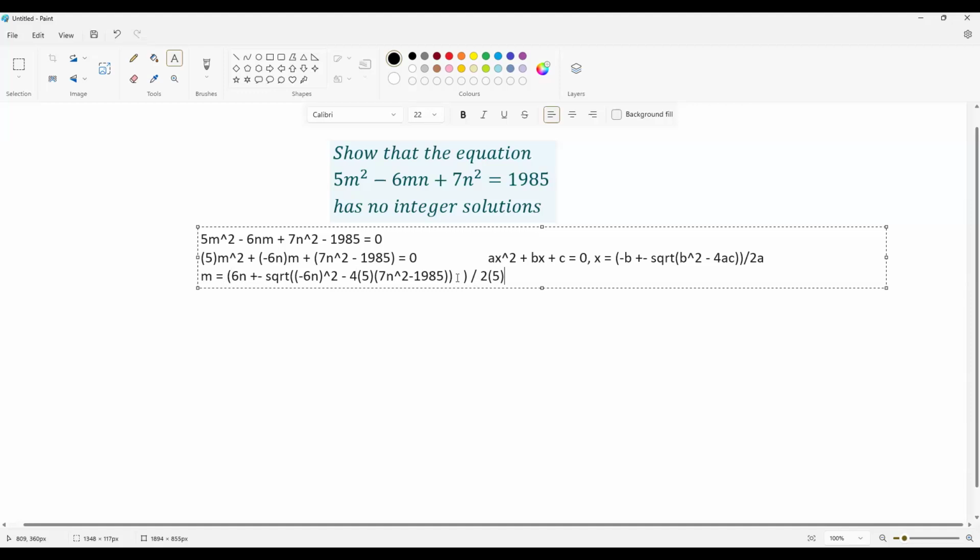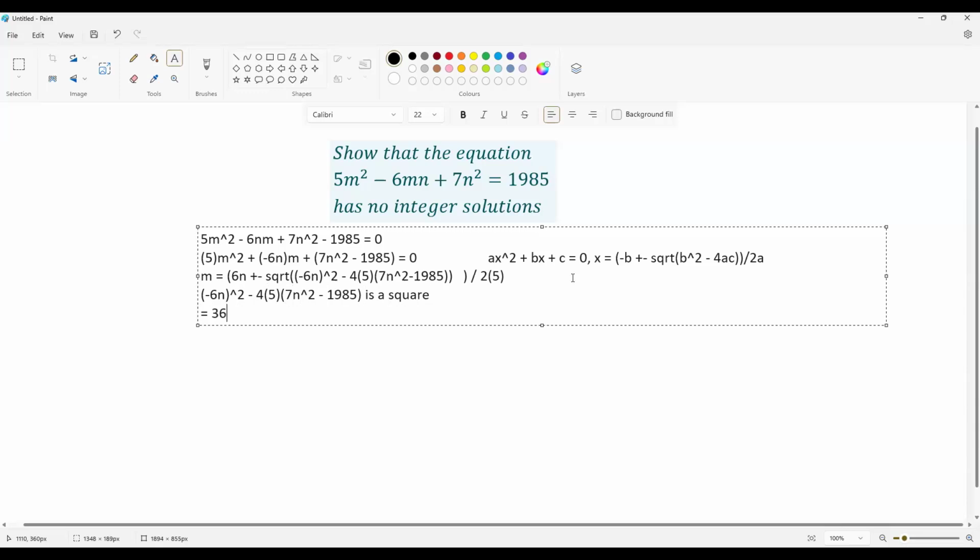And clearly the problematic term is that if we want m to be an integer, the thing inside the square root clearly has to be a square. Otherwise, we get some irrational numbers, and that's just nowhere near being an integer. So negative 6n squared minus 4 times 5 times 7n squared minus 1985 is a square.